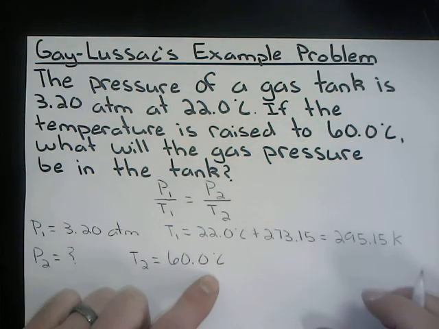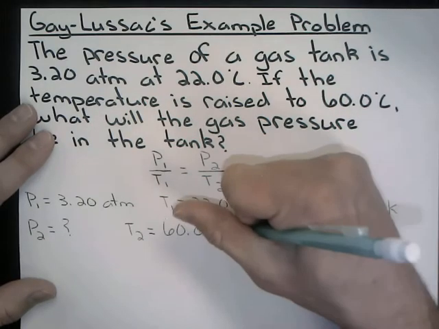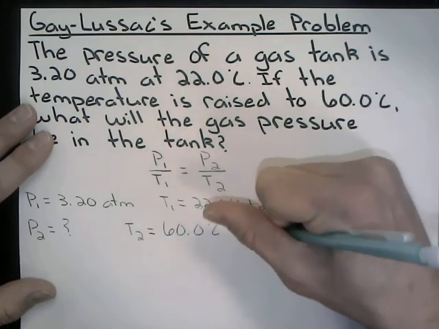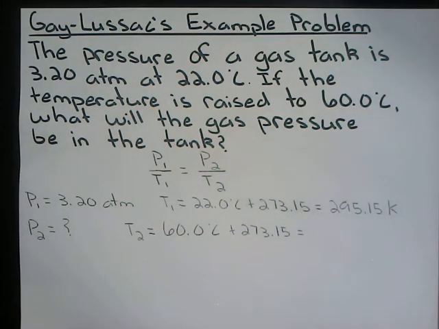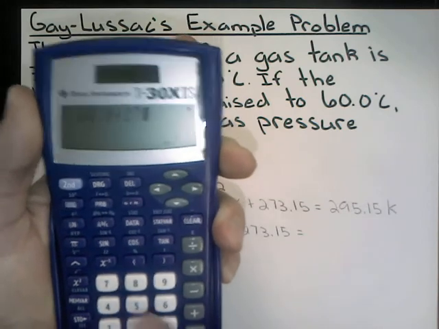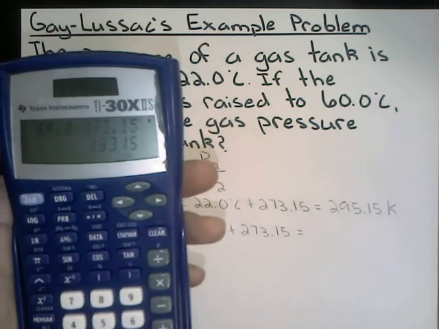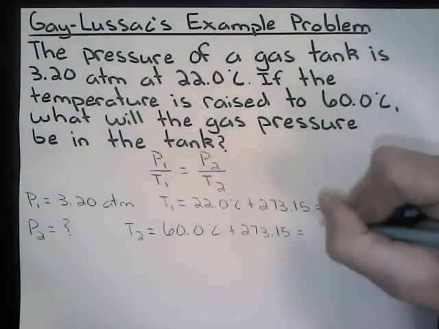However, we can't have degrees Celsius, so we need to add 273.15 to get that temperature into Kelvin. And so we plug that into our calculator with 60.0 plus 273.15. We press enter and we get a value of 333.15.